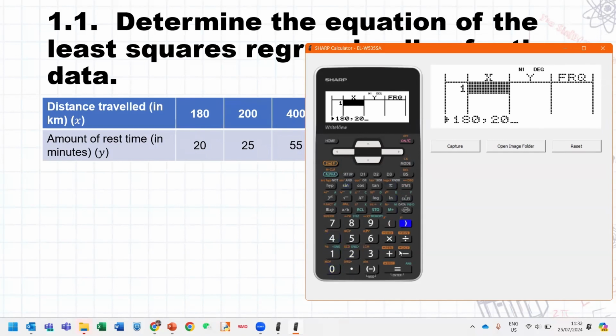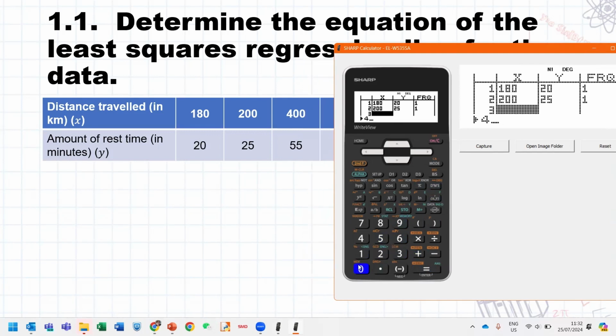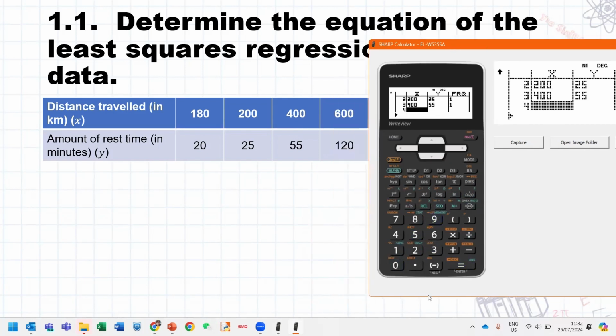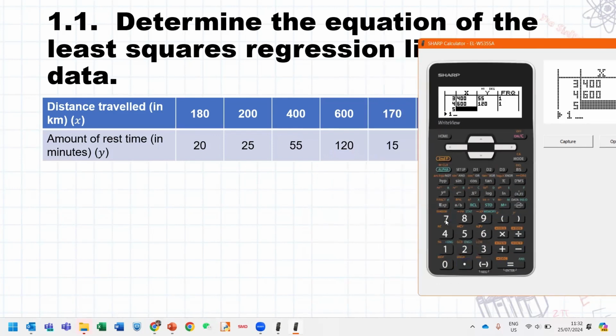So 20, and then press equals, and you'll see it fills in the table for you. 225 equals, 455 equals, 600 and 120 equals, 170 and 15 equals.